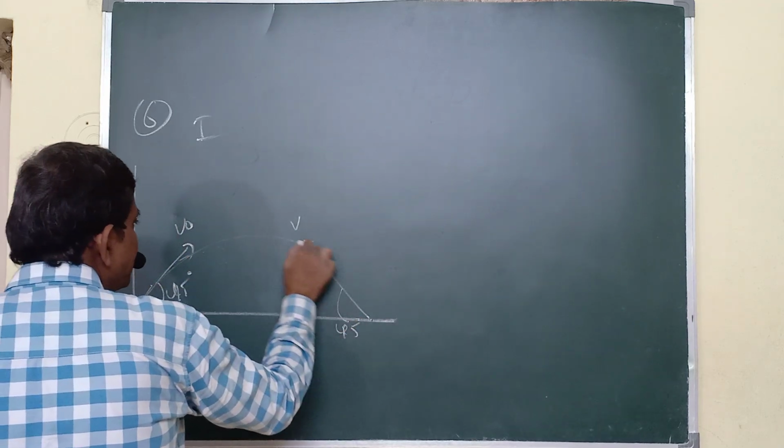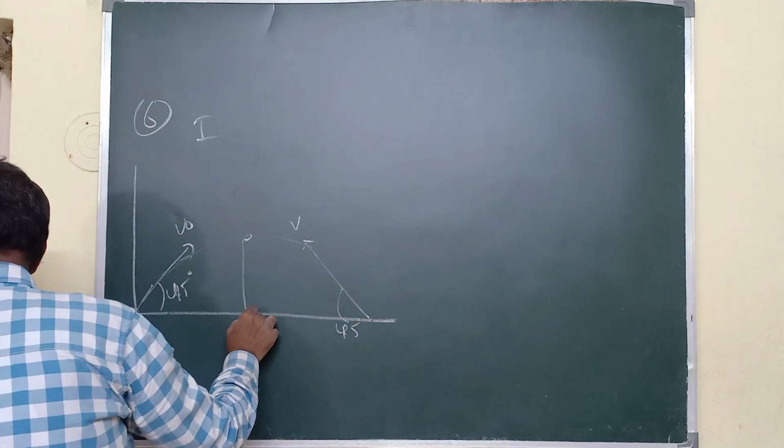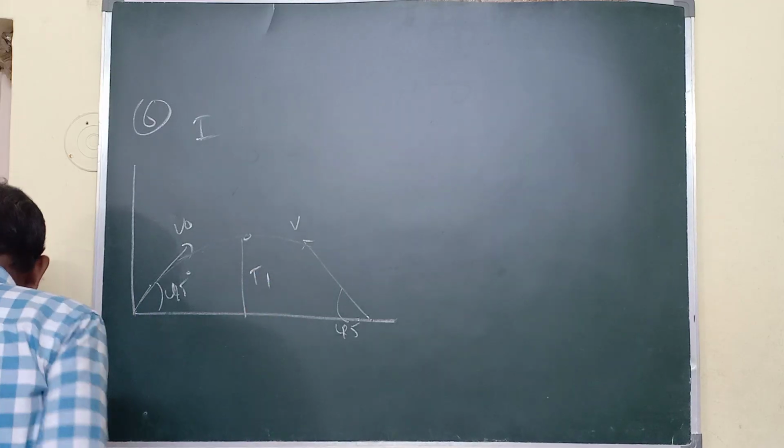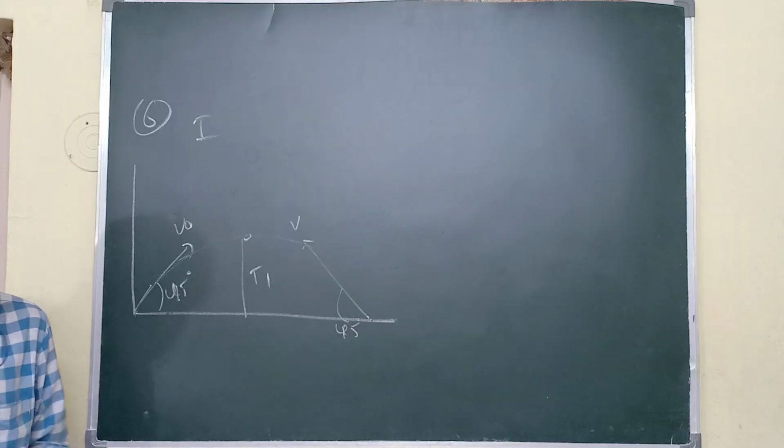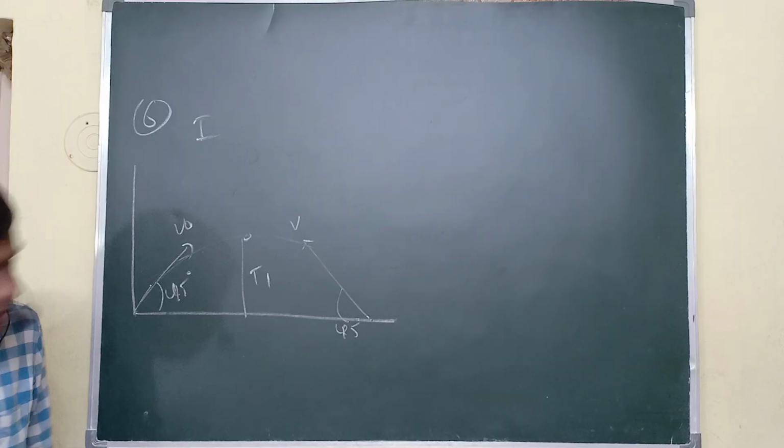These two meet at a time, which I call t1, and that time I am finding. Here I take two components.